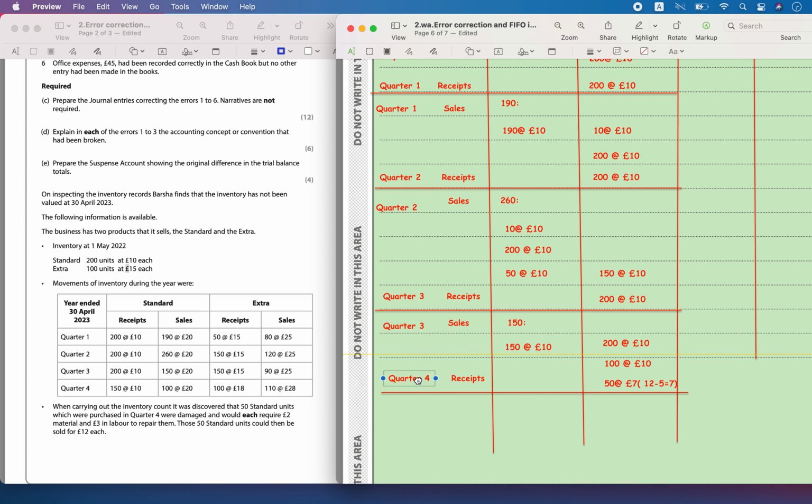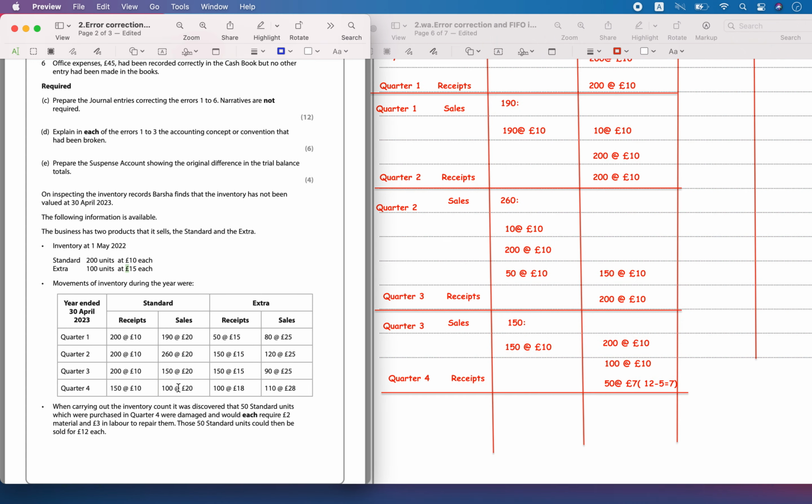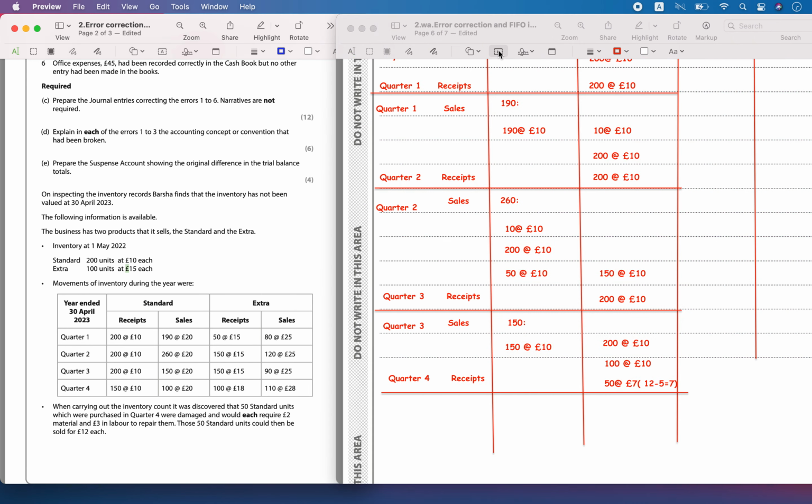Now the sale has to happen, around 100 units. So 100 units are issued from the top, from the 200 at 10, at the rate of 10 pounds.